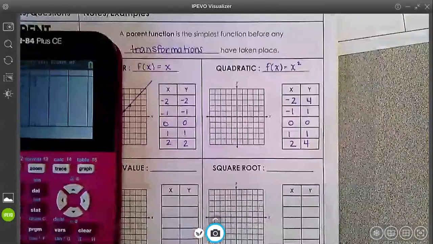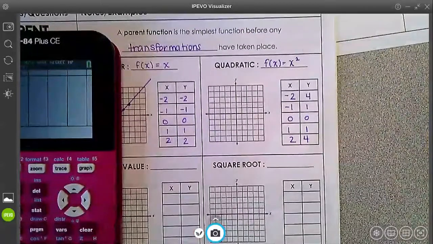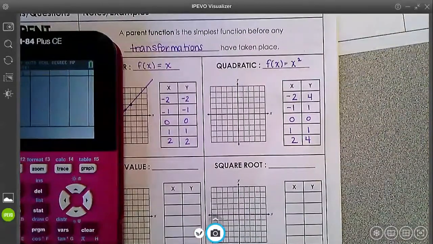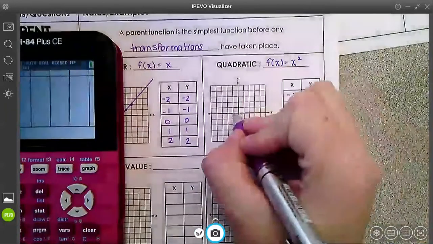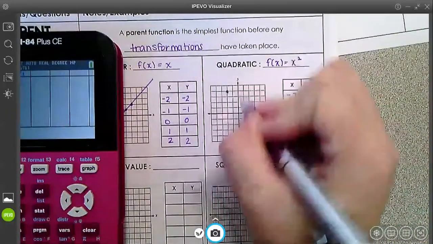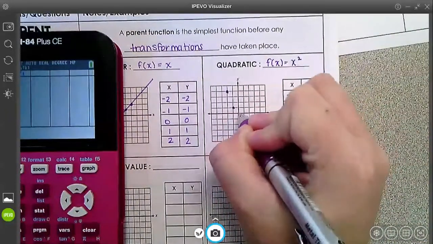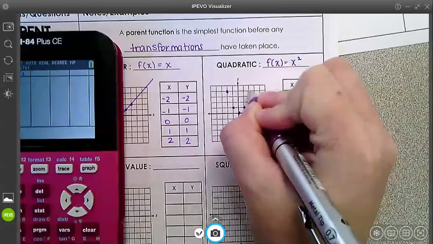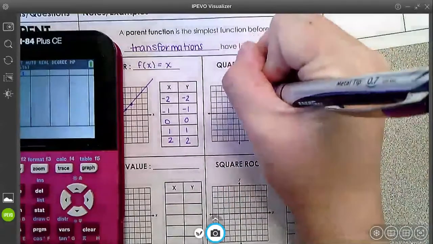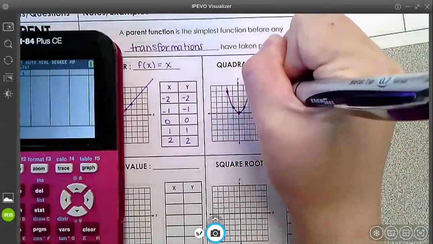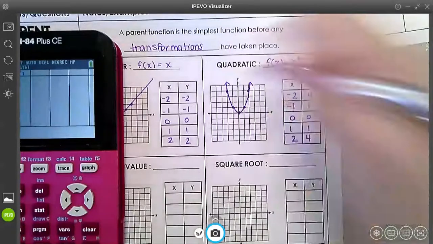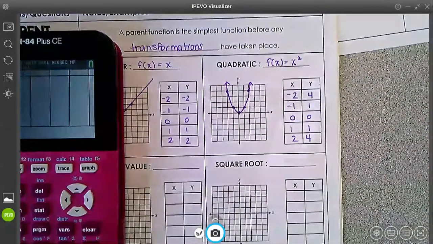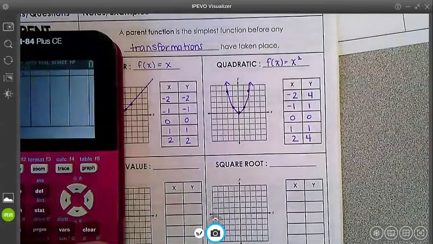Oh, sorry. All right, so if we graph this, it looks like a U shape.